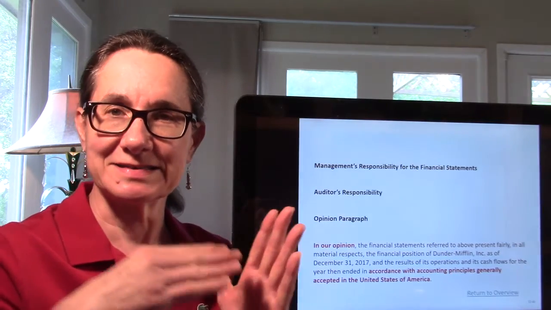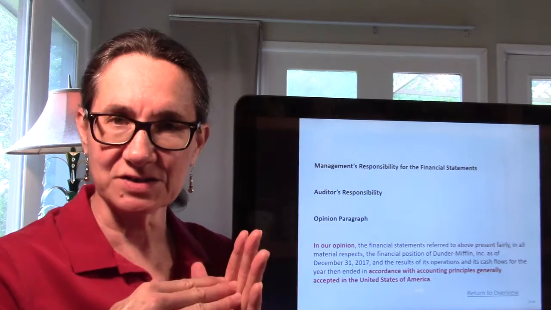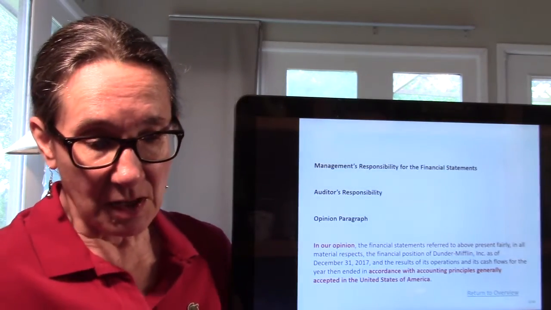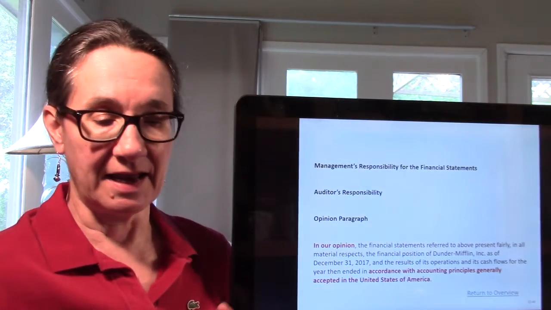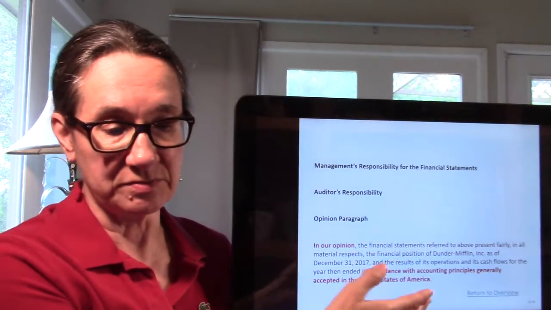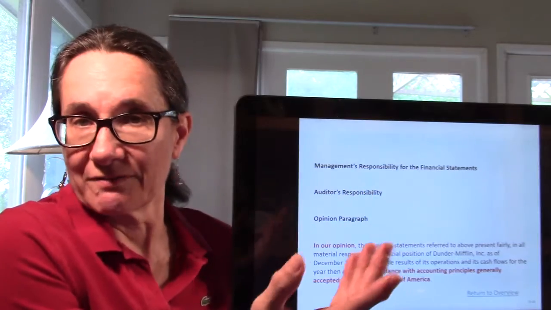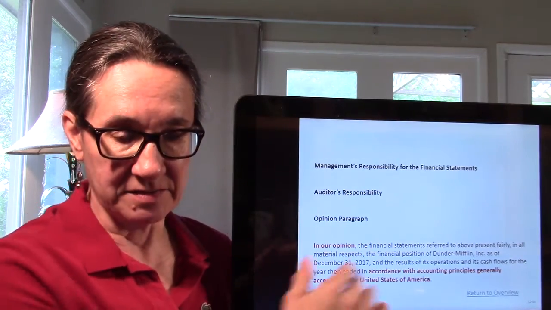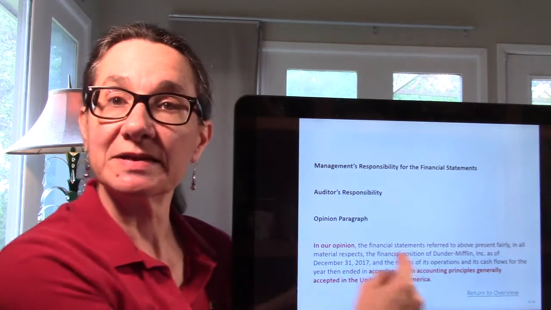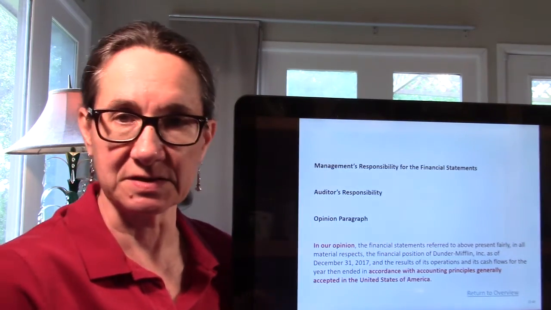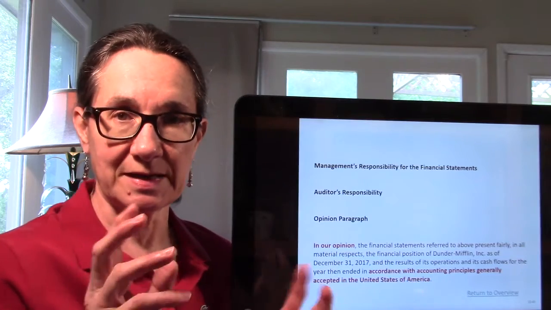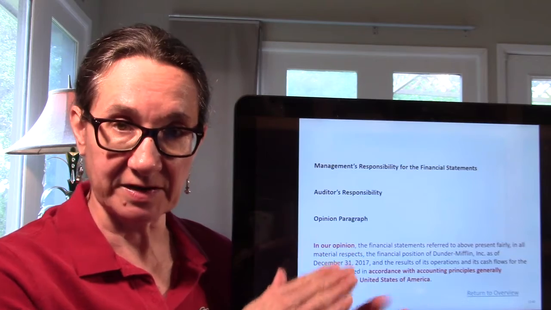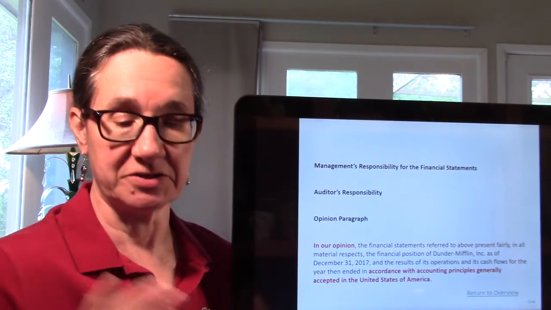So they're not exact, perfect financial statements. They're a fair presentation. And the date, and according to GAAP or IFRS or whatever the framework is, right? And it's in all material respects. So I want to point that out too. There could be a little error or something that is not reflected in these financial statements, but it's not anything material.